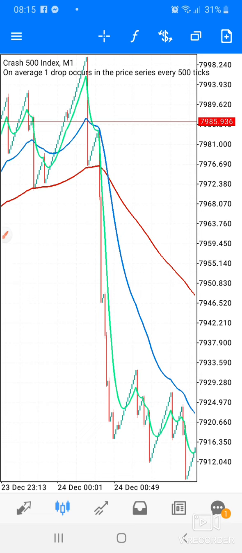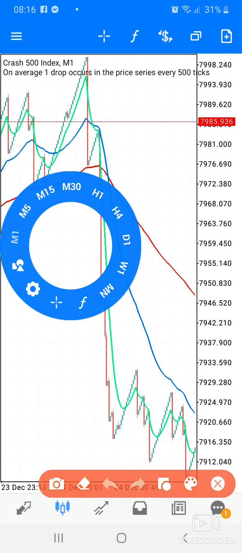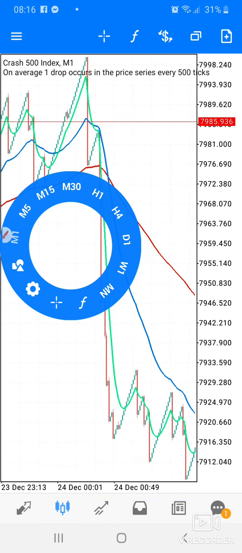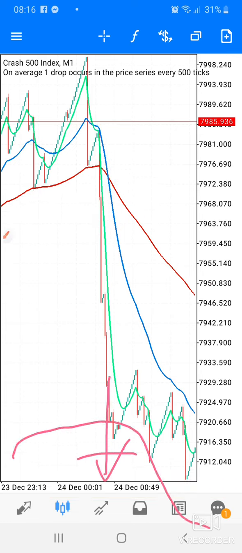Then again here we have a good example. If you check here, the market was able to break through. Okay, here, let me remove this. It was able to break out, there was a breakout on the 200 exponential. Again, there were more spikes. So you can use the 200 exponential.